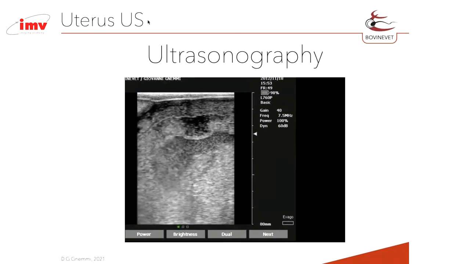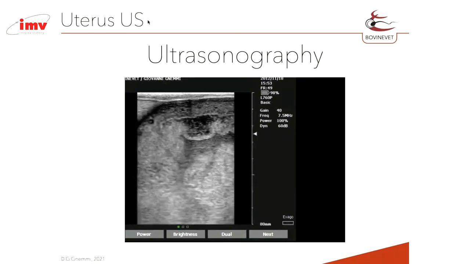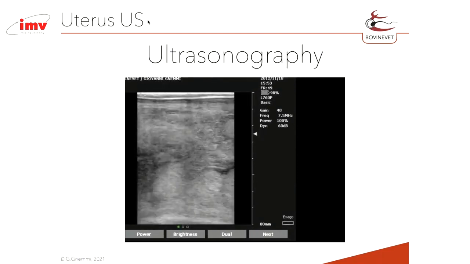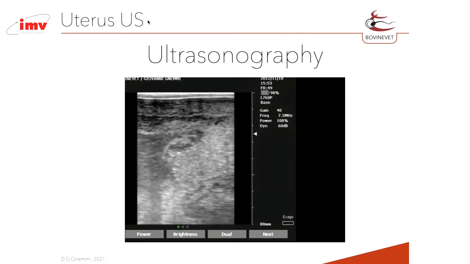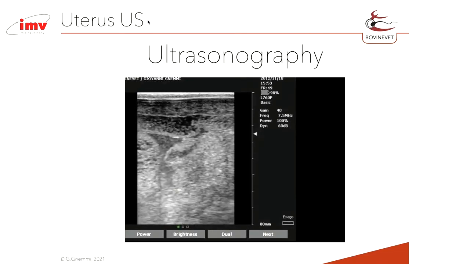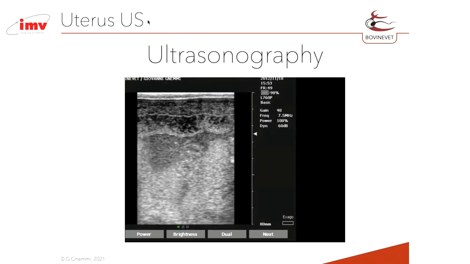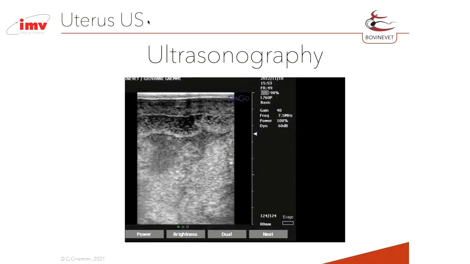For one reason: because now you are looking at perimetritis, but if I compare a cow at day 6-7 with perimetritis with a cow that is without, is there any difference ultrasonographically? So why? Because 100% of the uteri after calving have a contamination of bacteria, 100% have an inflammation.